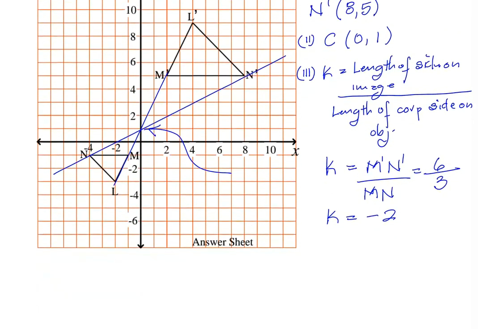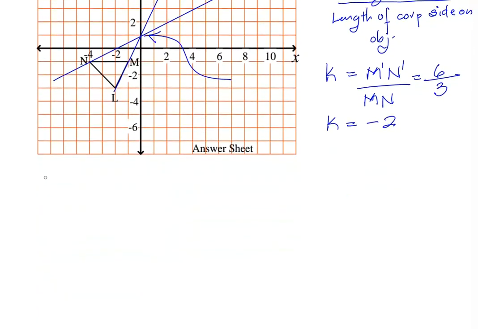All right, this is what we said earlier. So this is IV. We said that K squared is equal to the area of image divided by the area of object.